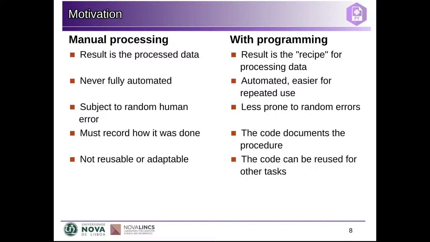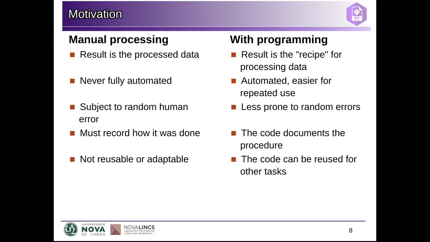When you use spreadsheets, you never fully automate things because usually you have to copy paste from some places, select regions and things like that. With programming, since everything will be fully automated, and that is one of our goals, it's easy to repeat, to reuse anytime that you need.